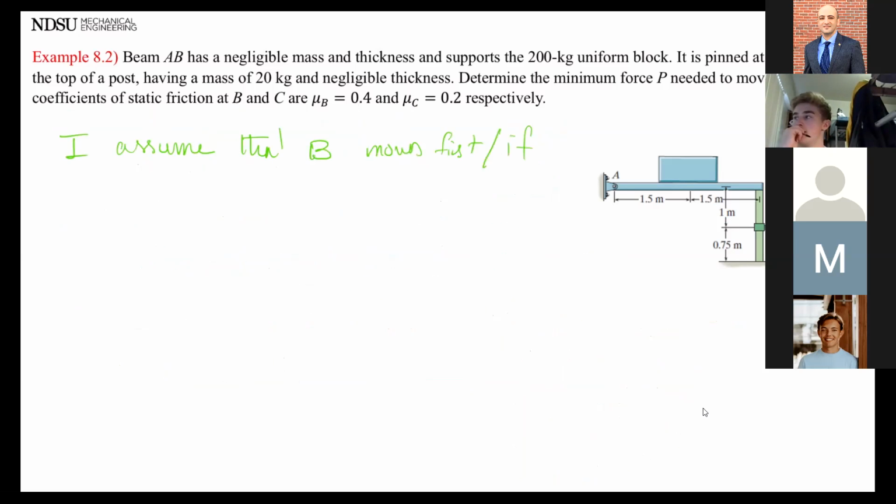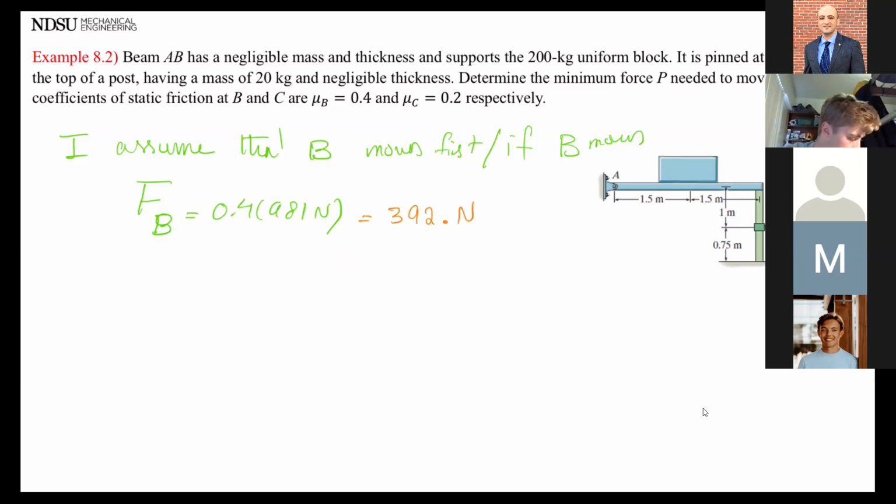Or if B moves first, then I can have FB equals 0.4981 newtons. This color is not really good. Which is 392.4 newtons.